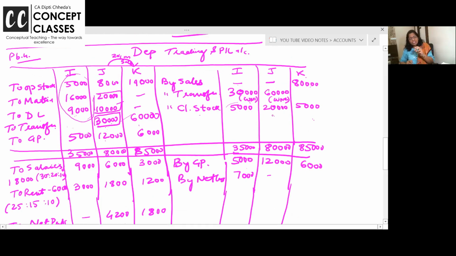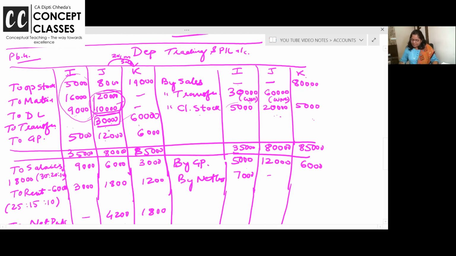But the issue with this question is that in J's 20,000 stock, it may have its own purchase also, and it is having transfer also. Own purchase is there, transfer is there. Then how to go by?